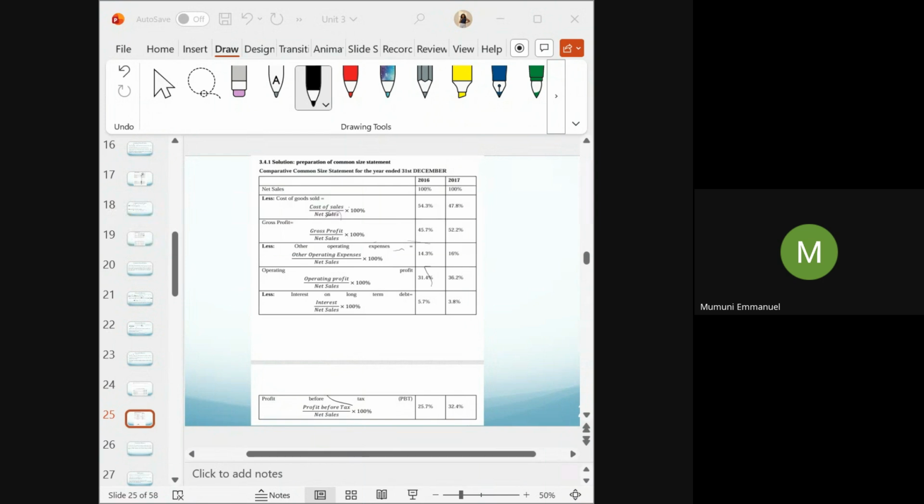So when you have 52.2 and 45.7, which one is greater and which one is lesser? 54.3 is greater than 47.8.